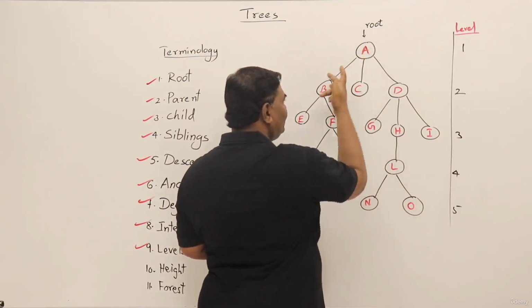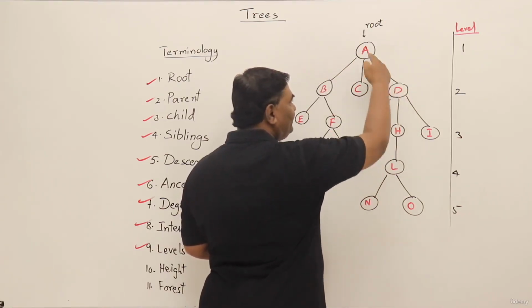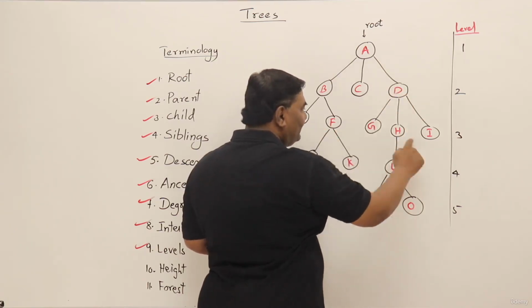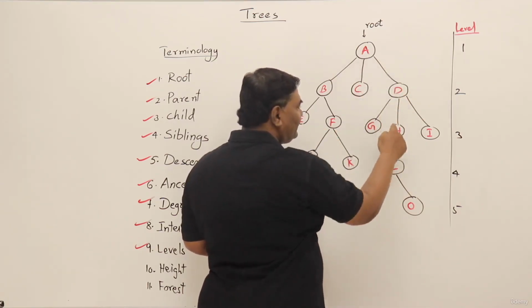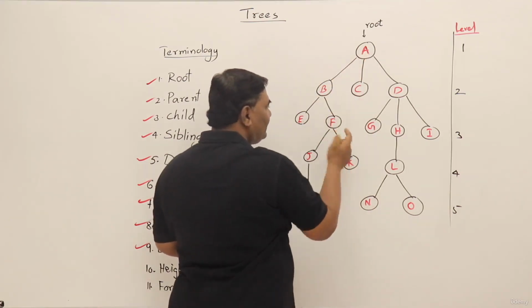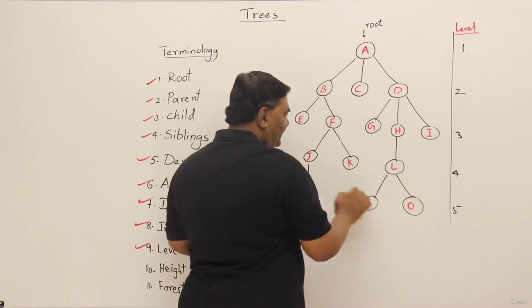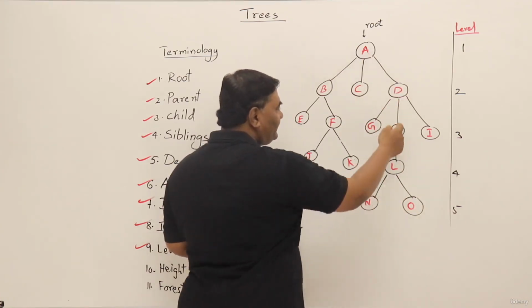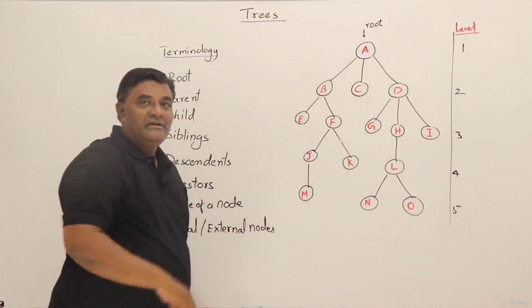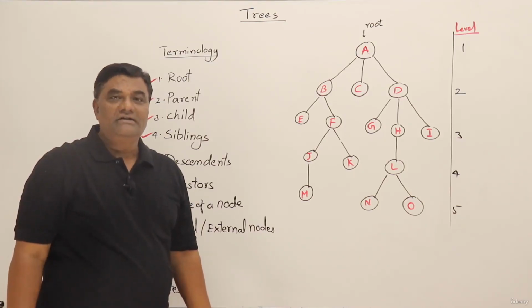We don't count all nodes, just the path. In the path we will count 2 nodes. Until here the path from root takes 3 nodes, 1, 2, 3. At this level there are 3 nodes. Then at this level there are 4 nodes, 1, 2, 3, 4. So we take the path by counting the number of nodes. So that's how levels work.